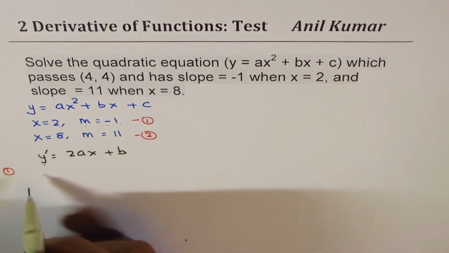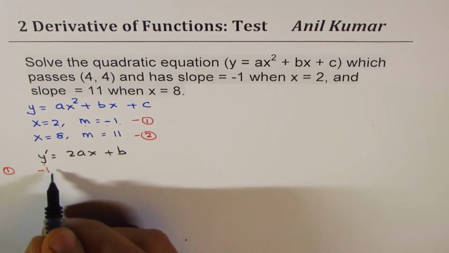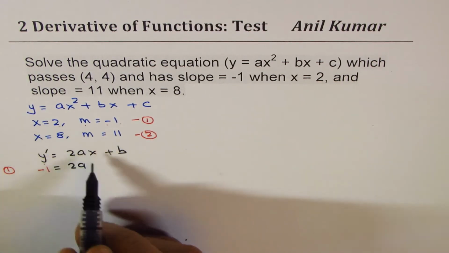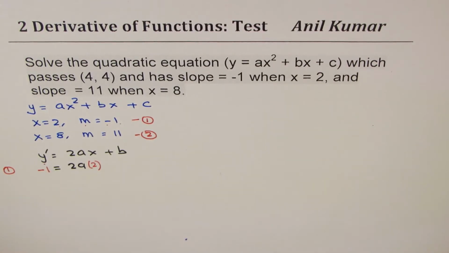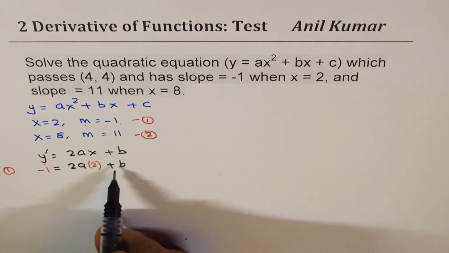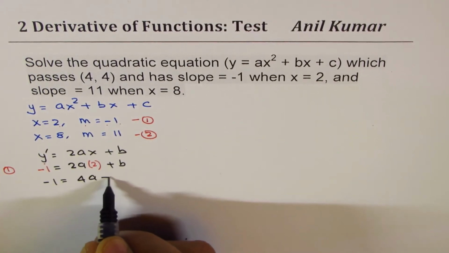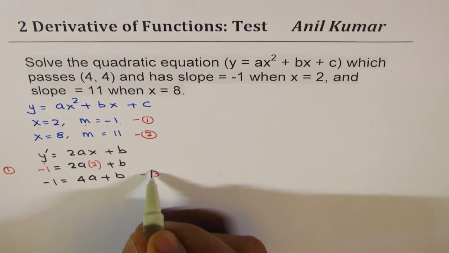So I get minus 1 here, and then I can write 2a and x equals 2. So we just substitute those values. And now we have an equation which is minus 1 is 4a plus b, correct? We'll call this equation number 3.